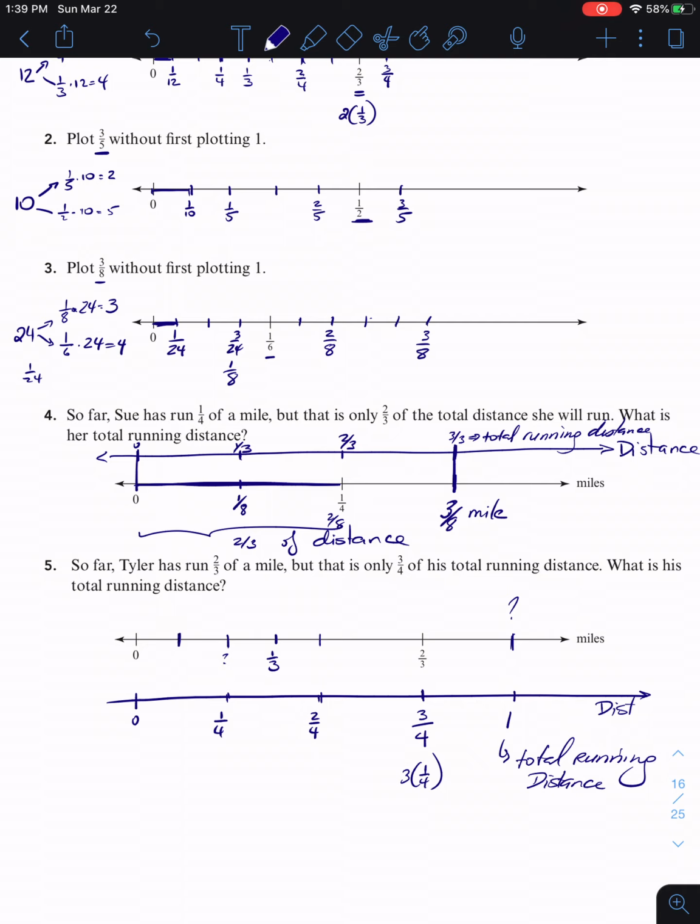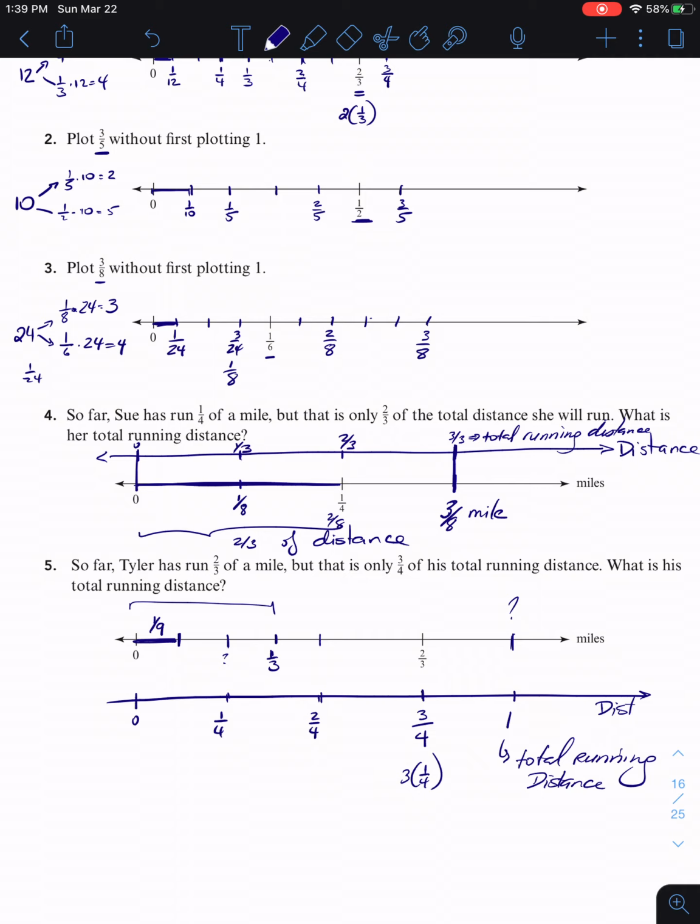So we can partition the third of a mile into 3 pieces. Then each one of these pieces is actually a 1/9. Because if you need 3 of these to fill the mile, then you will need 9 of these to fill the mile.